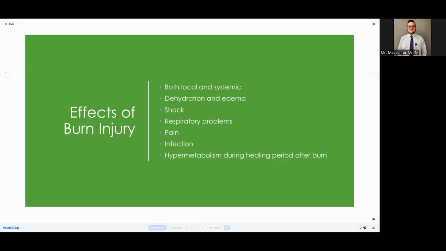Again, shock and dehydration and edema can go hand in hand. You're going to start with the dehydration and edema just because of the coagulation of those blood vessels and the shift of fluid and protein. And depending on, again, how big the surface area is, this could lead to shock, shutting down kidneys and other vital organs, and something that could be a very big deal for somebody.